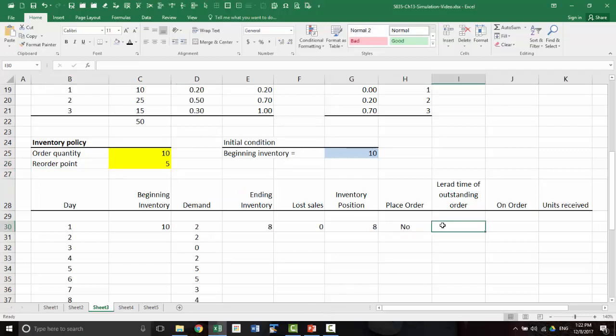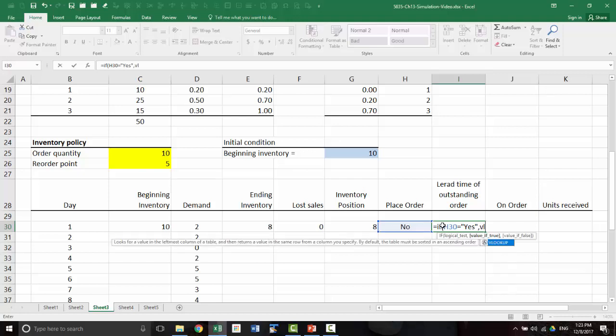Now, if we place an order, then we're going to have to set up a lead time, right? So if this is equal to yes, if this is yes, then we do a VLOOKUP.